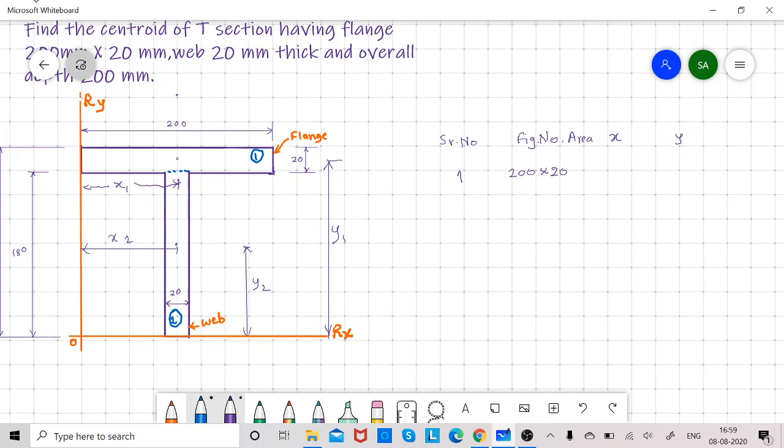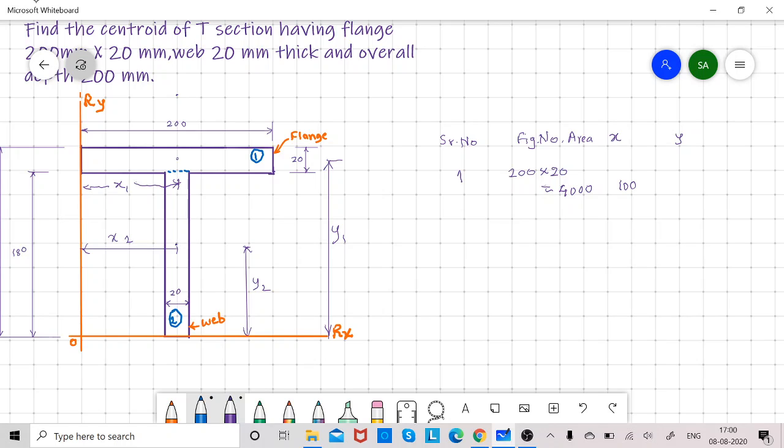So area in this case is 4000, of course in mm square. X distance is 100 mm. How? See, x1 is its distance from the vertical reference axis ry.